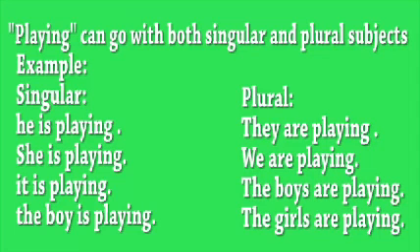They are playing, not just he and she or it, but now we are playing, the boys are playing, as well as the boy is playing. So these verbs go with any subject at all, which means the subject can be plural or singular. They are not limited by any subject. That is why they are called non-finite verbs.